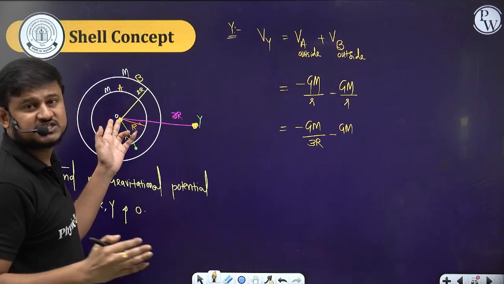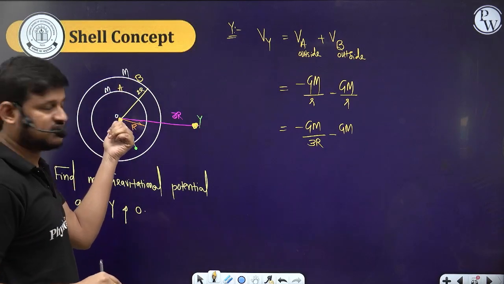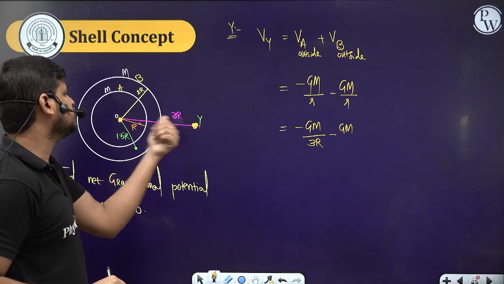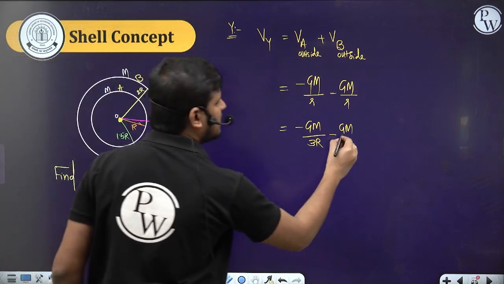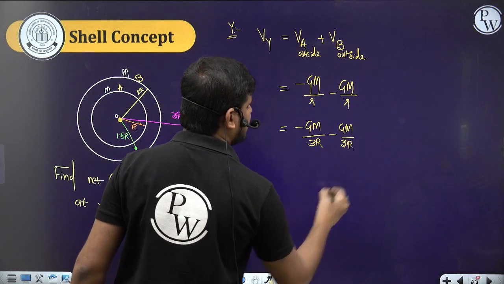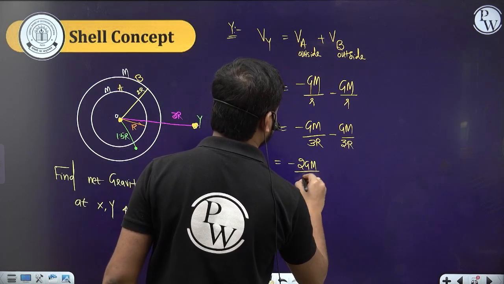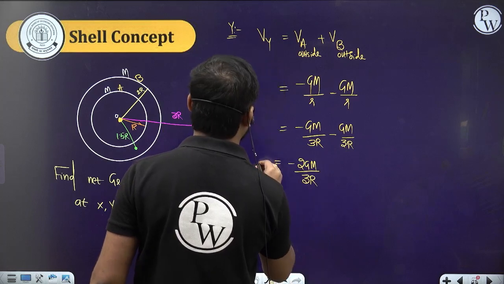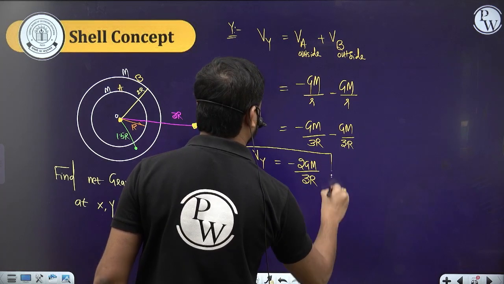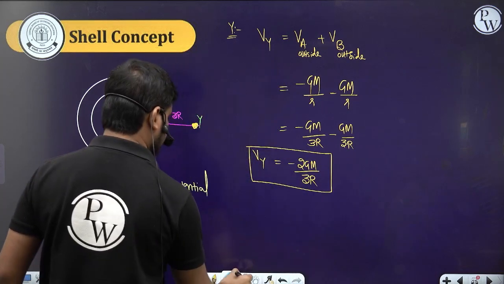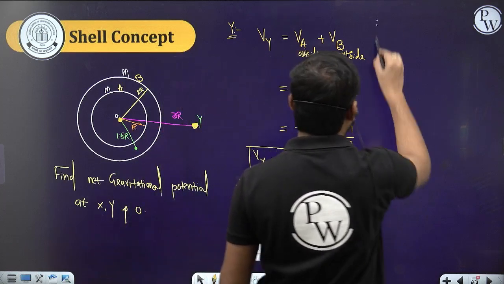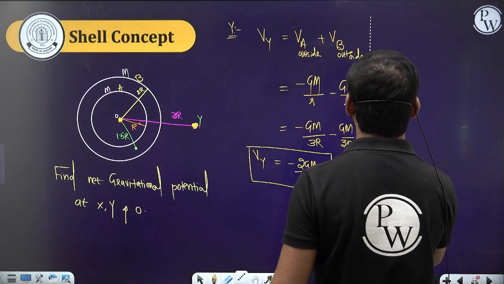Concentric shell means they will have the same common center, right? So from here to here also the distance is 3r. So 3r and 3r, which is minus 2GM by 3r. So this is the potential at y point. Clear? So just ignore the values, just understand the concept, guys.